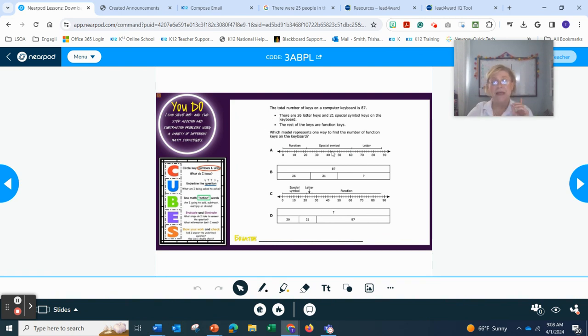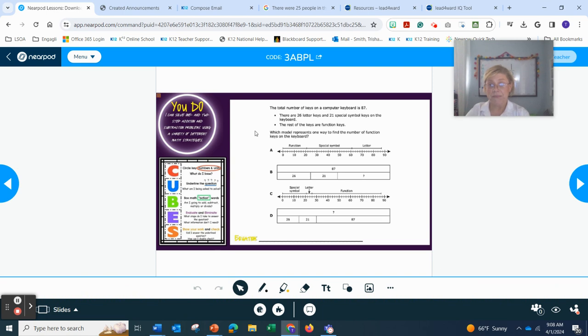Total number of keys on a computer keyboard is 87. There are 26 keys and 21 special key symbols on the keyboard. The rest of the keys are function keys. Which model represents the way to find the number of function keys?